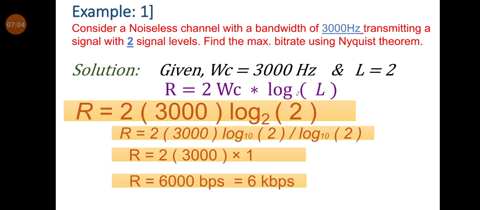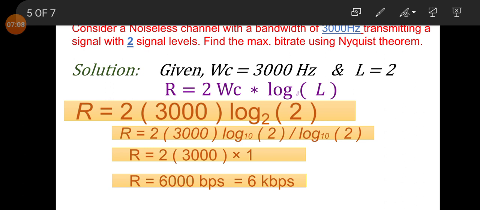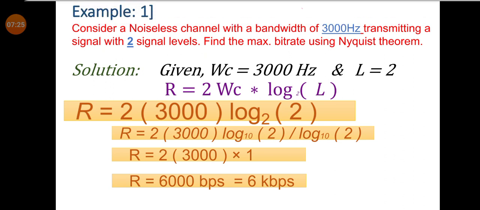So in place of WC, put the value of bandwidth, that is 3000, into log 2 to the base 2. Why log 2 here? Because L is 2. Levels, number of levels are 2. Clear? Okay, now move to the next step.